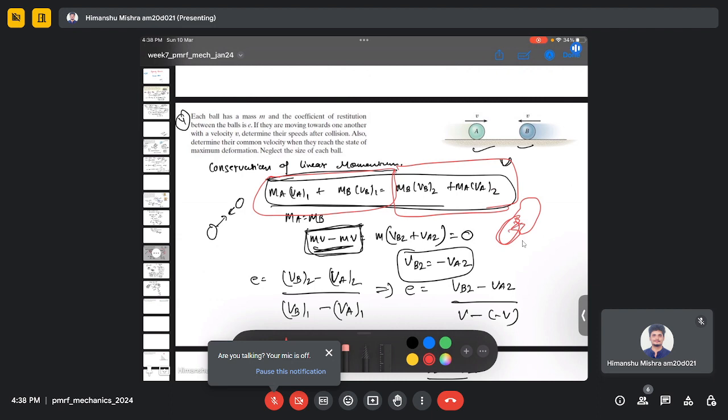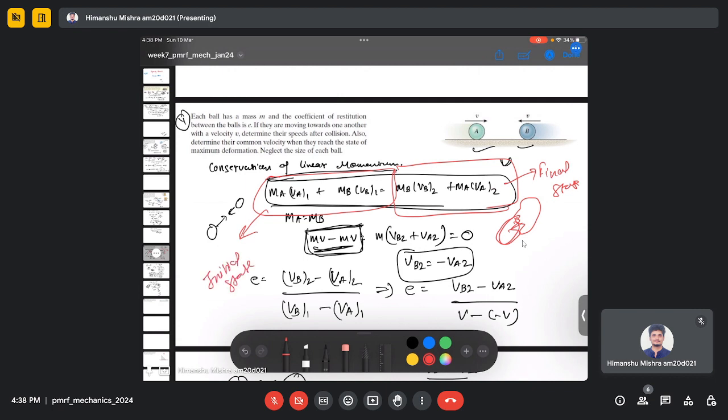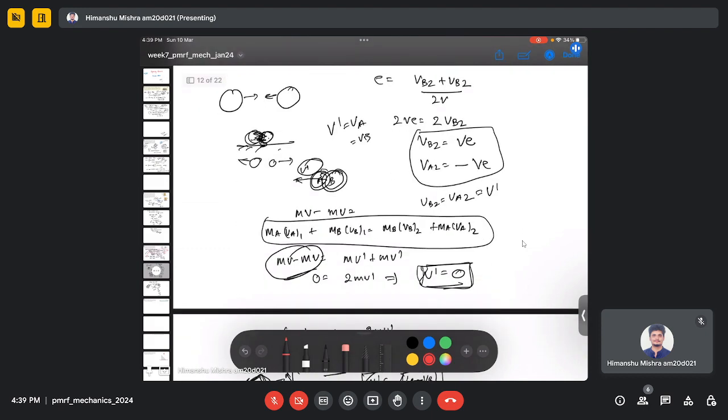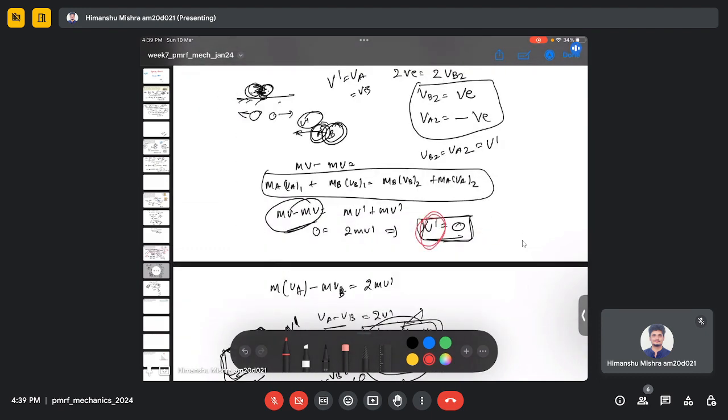They become one body and start moving in the same direction. So this is the final state, which is the right hand side. But at the left hand side, they were separate. It is the initial state, where they were moving with a velocity V but in different directions. So in the final state only we are actually calculating the velocity. This velocity is the final state velocity, and these two are the initial state velocities of two separate particles.